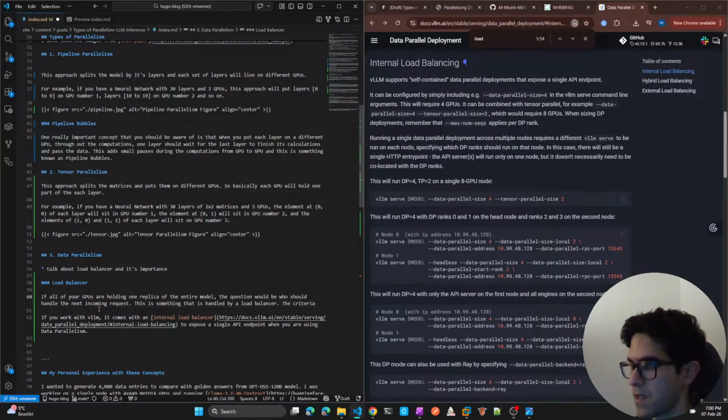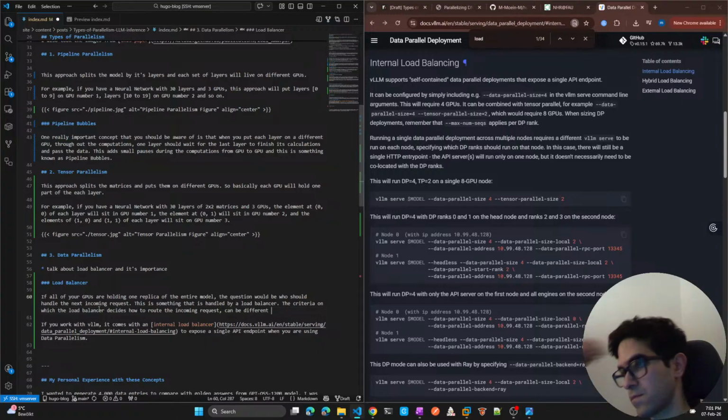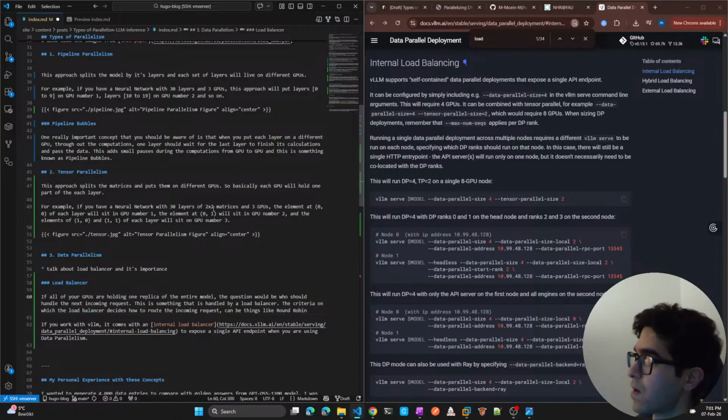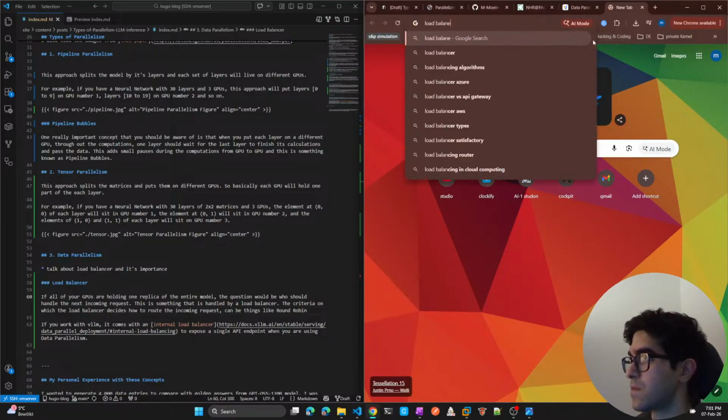The criteria on which it decides how to route the incoming request can be different, based on things like round robin, and other load balancer strategies.